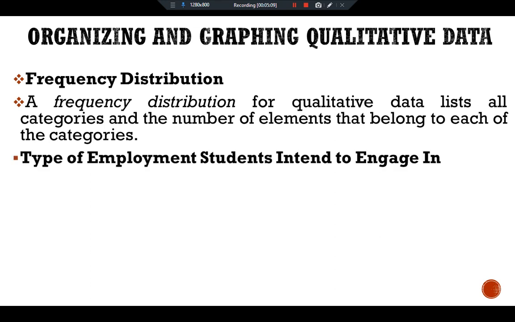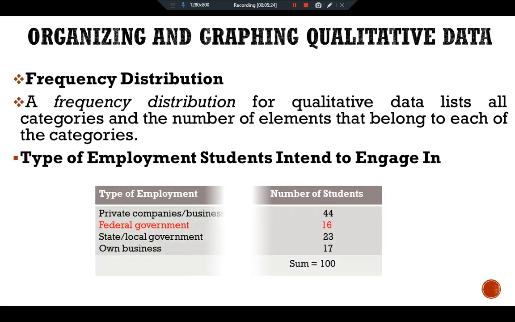Here we have a sample of 100 students enrolled at a university who were asked what they intended to do after their graduation. Some students are engaged in private company jobs, some in federal government jobs, some prefer state or local government, and some prefer their own business.